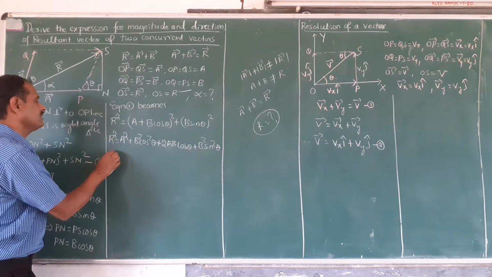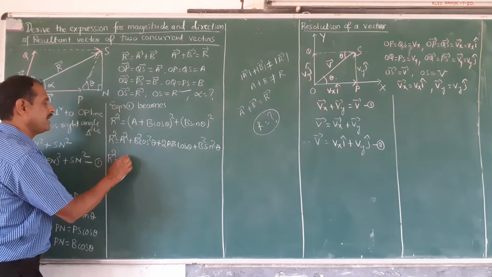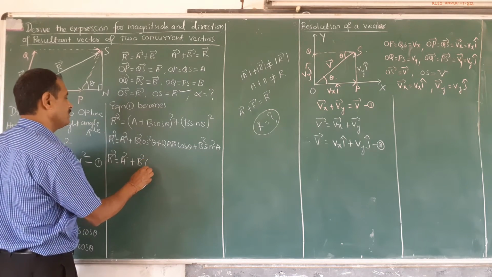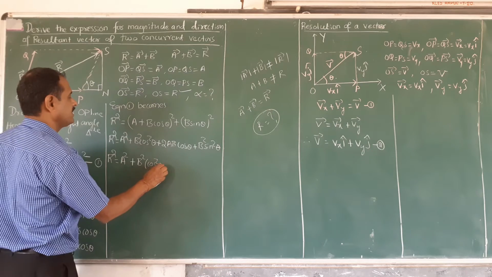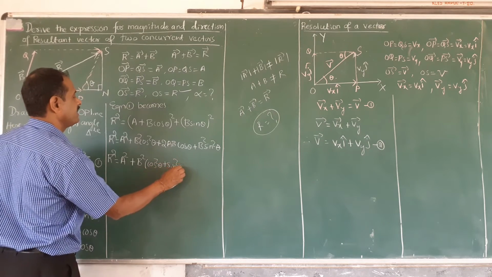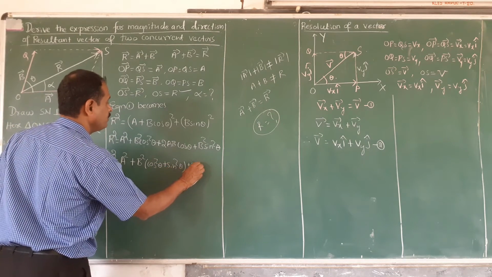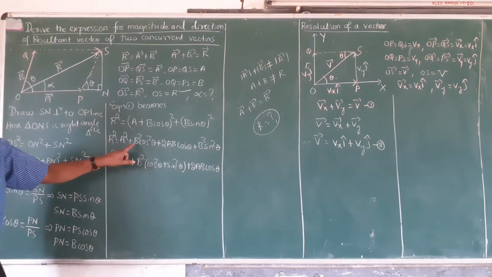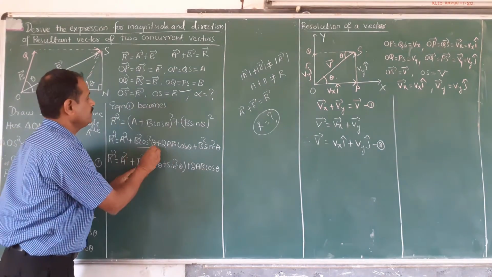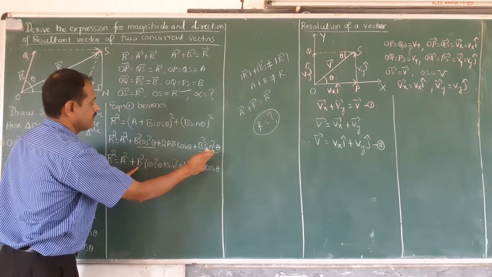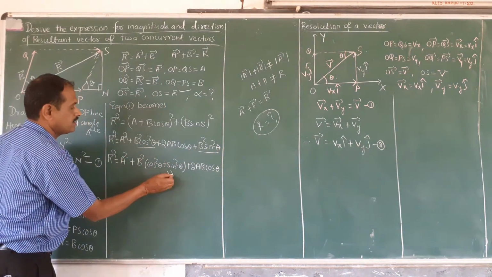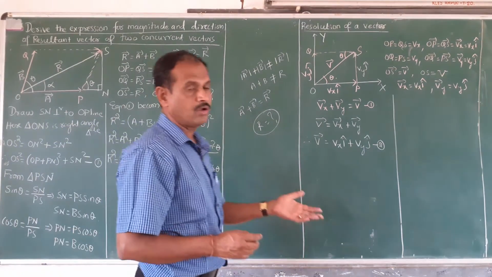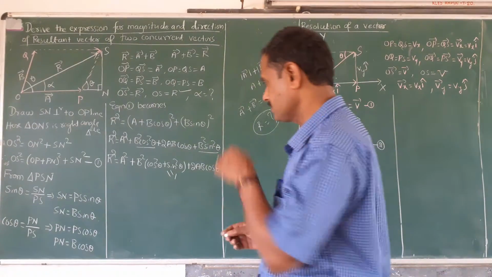R square is equal to A square plus B square into cos square theta plus sin square theta plus 2AB cos theta. Now, B square common. Inside, cos square theta plus sin square theta is equal to 1. Why?